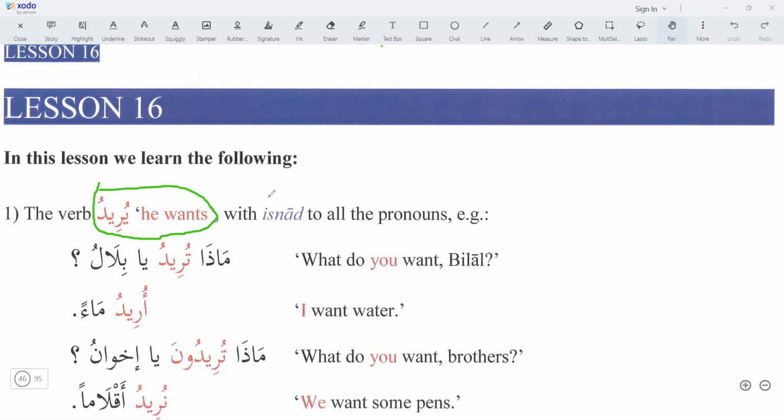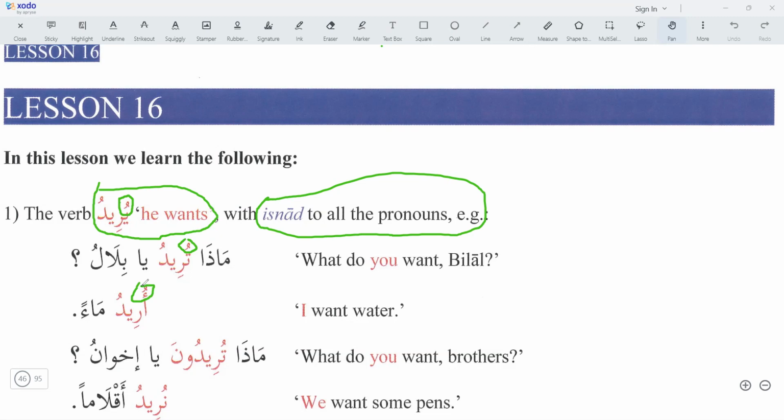It's isnad with all pronouns. Here you can see yuridu has dhamma. Turidu has dhamma. And uridu has dhamma. Nuridu also has dhamma.